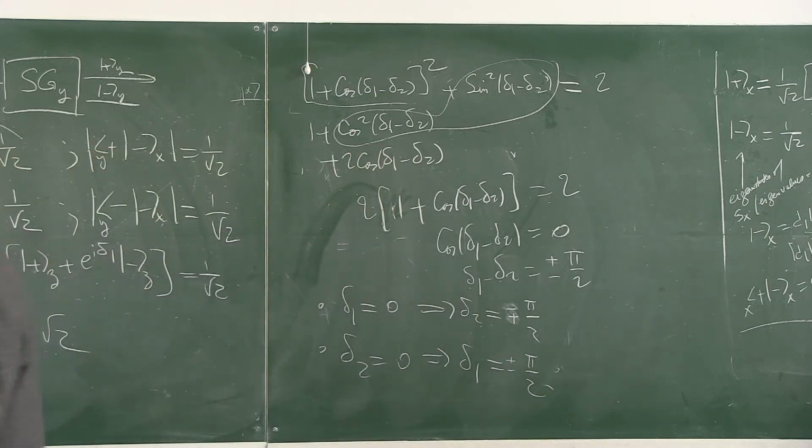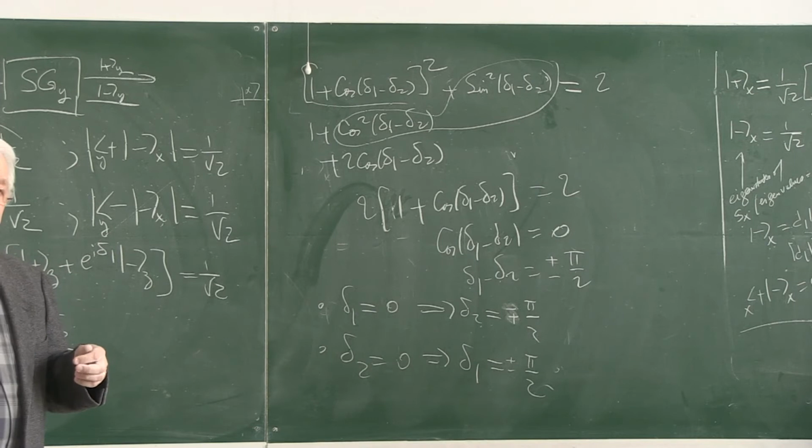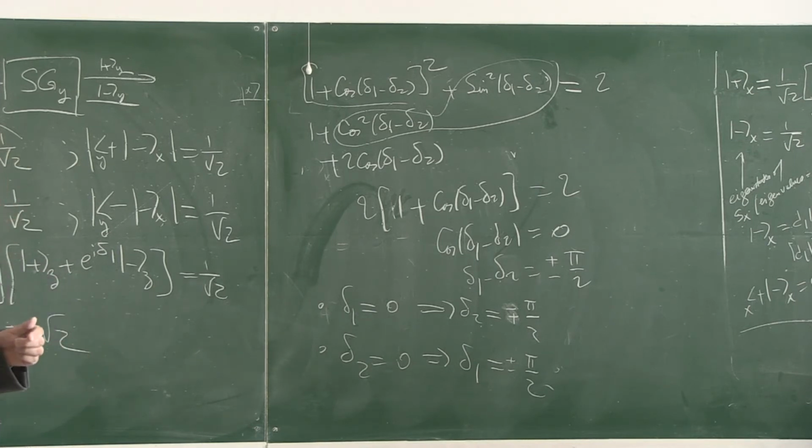Now we have to resort to convention. The conventional wisdom, at least in those days when they were constructing these things, was to choose the first one to be real. That is, the eigenvectors of x and y are chosen to be real. Sorry, I'm repeating myself.